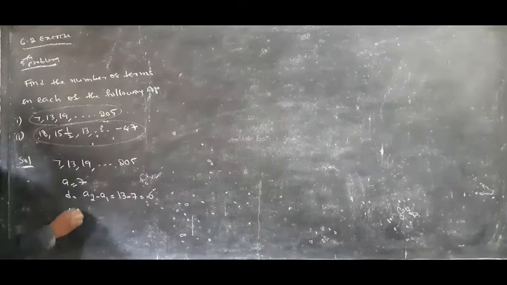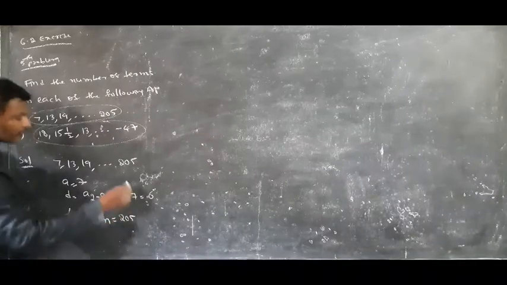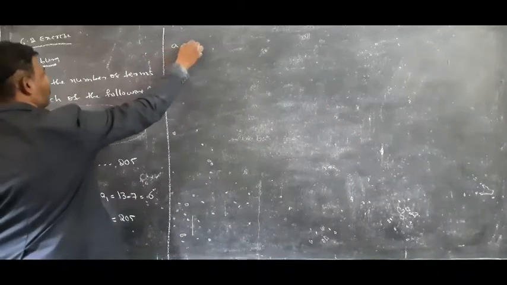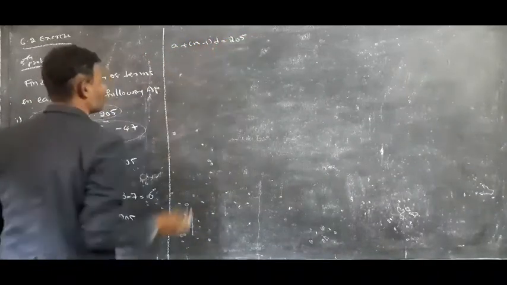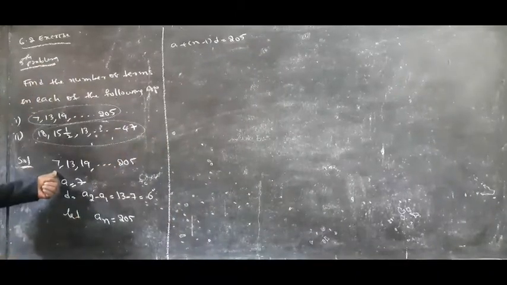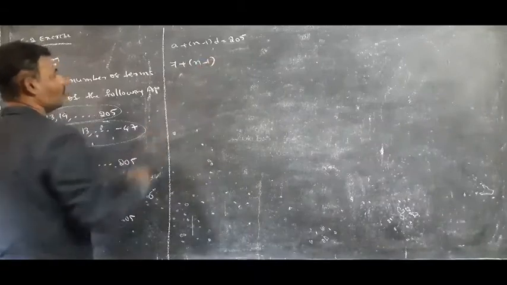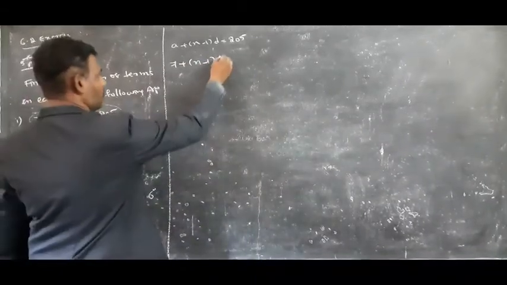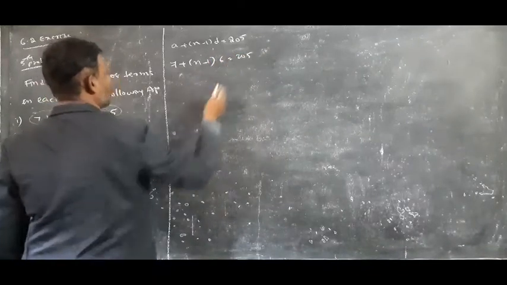Then let an = 205. What is the formula to find an? a + (n - 1)d = 205. a means first term 7, plus n, which I don't know how many terms there are. You have to find the value of n. And d = 6, equals 205.